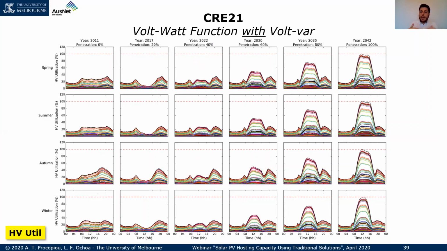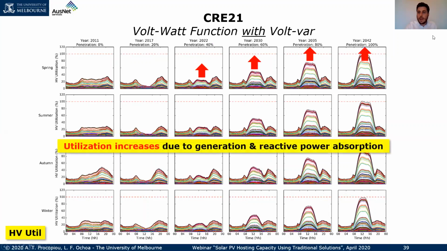And even at the very high penetration levels, at 100% penetration, we might see some risks of assets being overloaded. And this is because now that we have the absorption of reactive power that is helping to reduce the voltage, the volt-watt function is not triggered because it's seeing lower voltage, and therefore customers are allowed to generate even more.